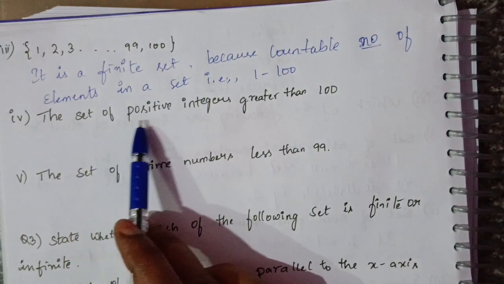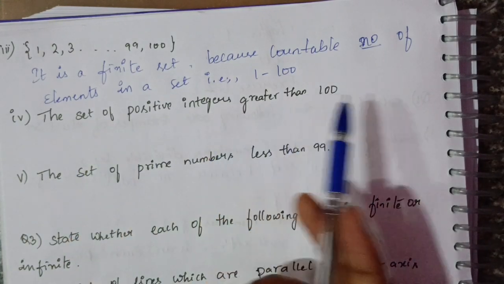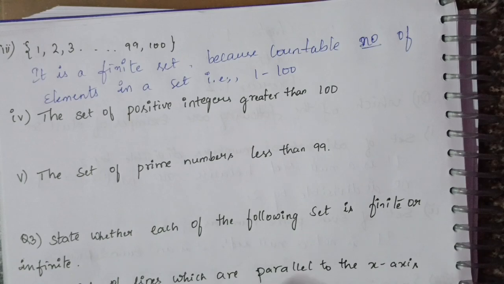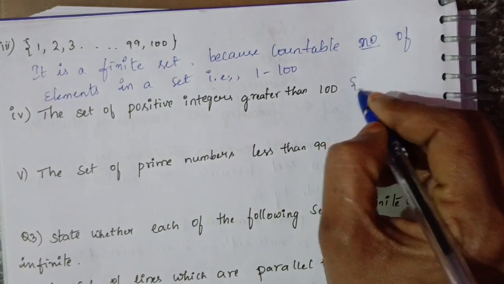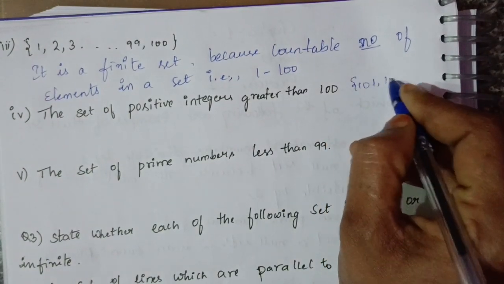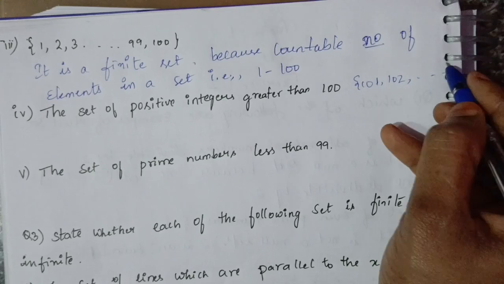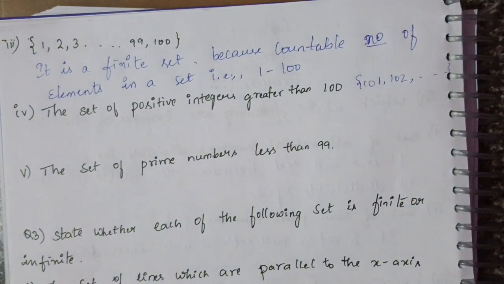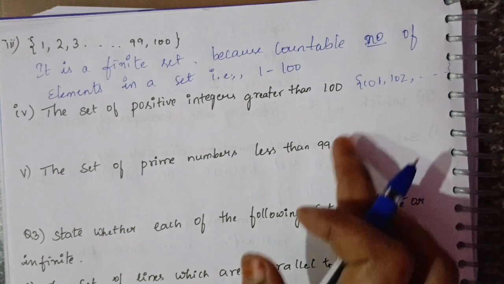Next, a set of positive integers greater than 100. Greater than 100 means 101, 102, 103 and so on. We don't know where it ends; they didn't give a condition up to some point, so it goes on.